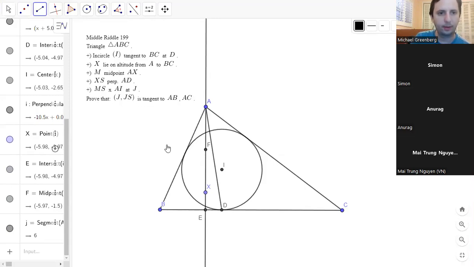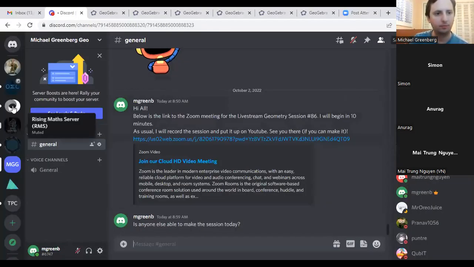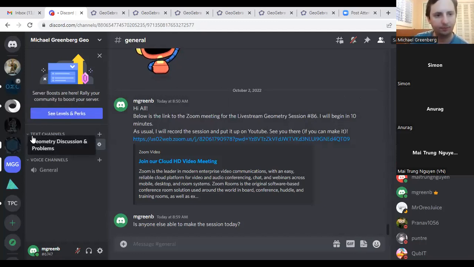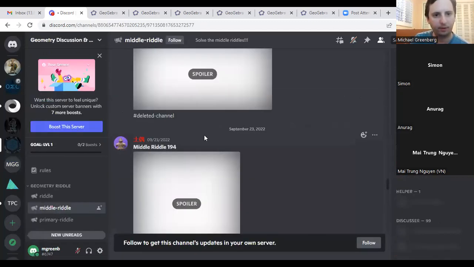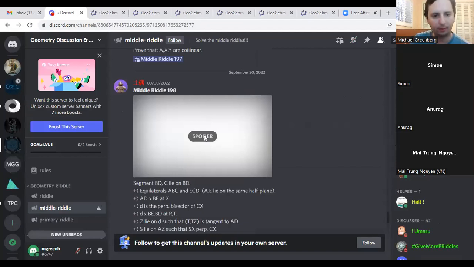I might want to look this problem up. Actually, let me check this problem on Discord. So this is 199. Here is the Discord channel, and it's 199. So let's see what the diagram looks like.